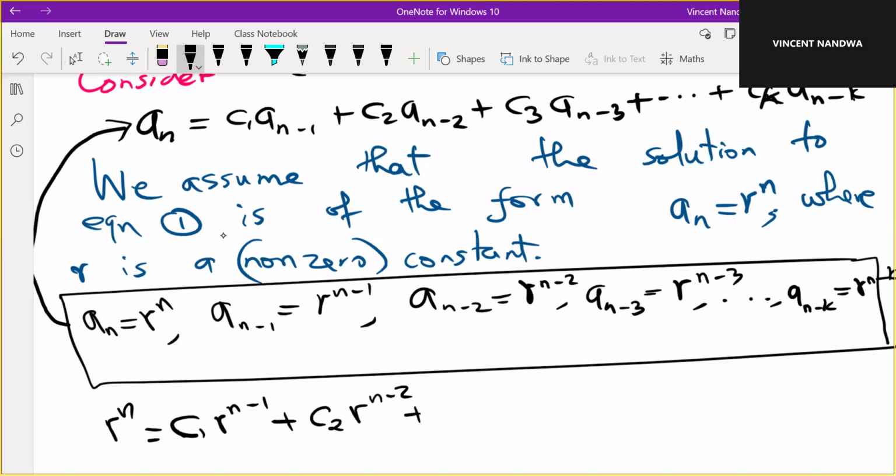Where there's a n minus 3, we replace by r power n minus 3, all the way up to where there's a n minus k, we replace by r raised power n minus k. That's what you have when you make that substitution.